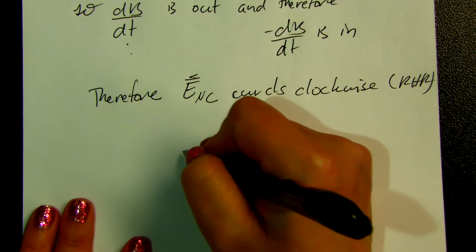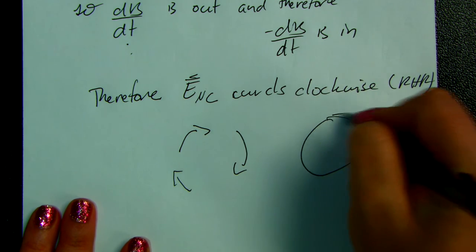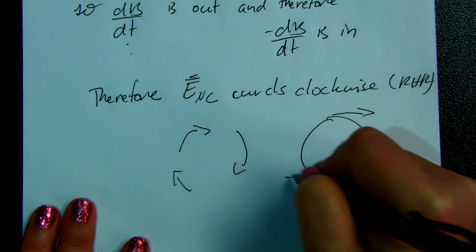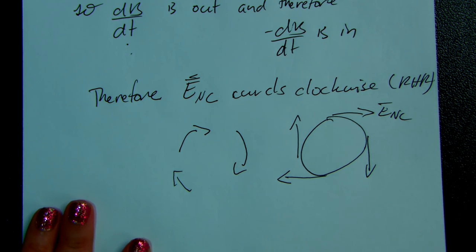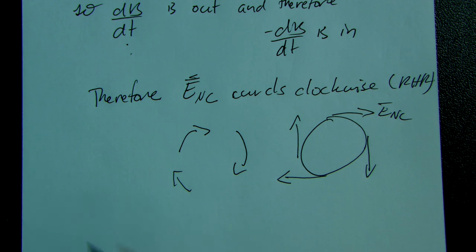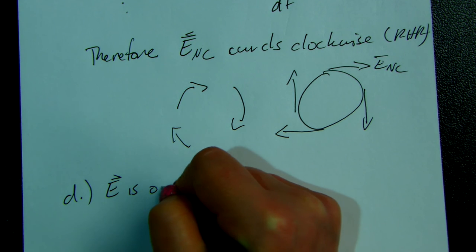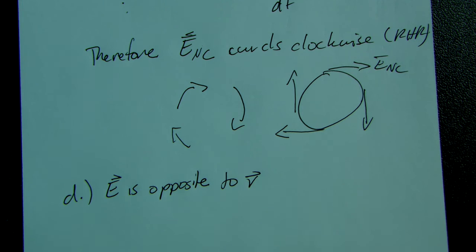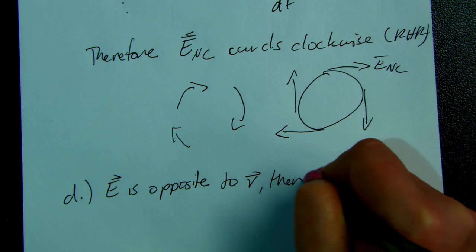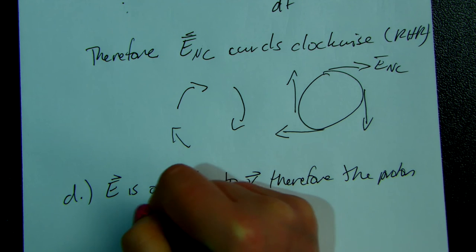So you can draw your circle, which is what they're looking for, with E non-Coulomb. Okay, and part D: is it speeding up or slowing down? The electric field is opposite to the velocity, therefore the proton is slowed down.